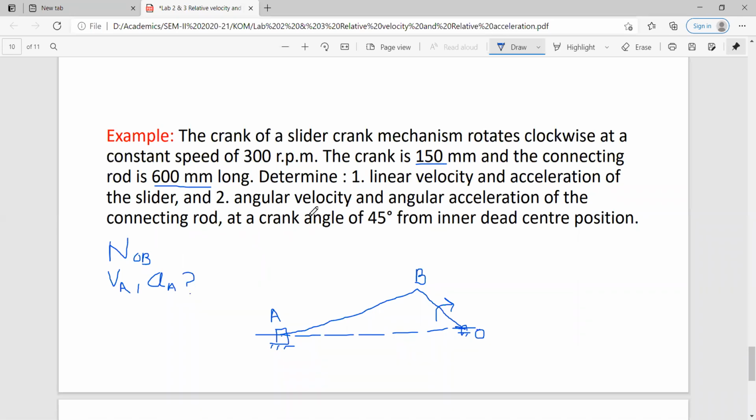And the angular velocity and angular acceleration of the connecting rod, means you have to find omega of AB. Then you have to find the angular acceleration also, means alpha of the connecting rod. These four factors you have to find.